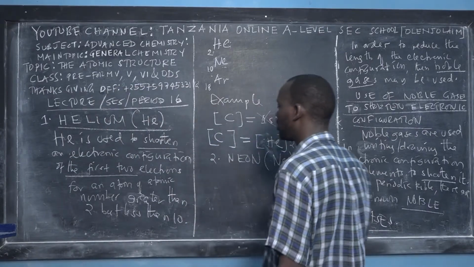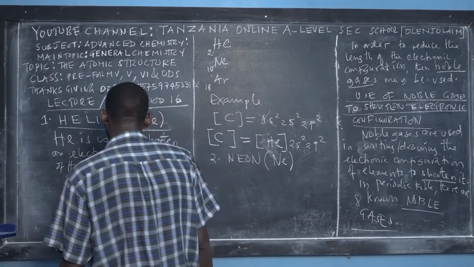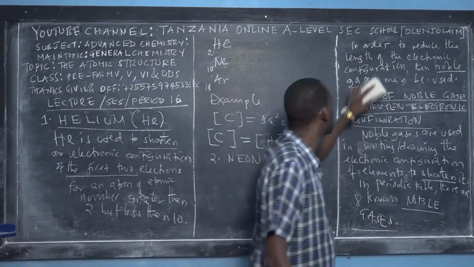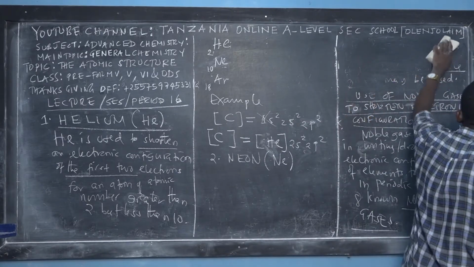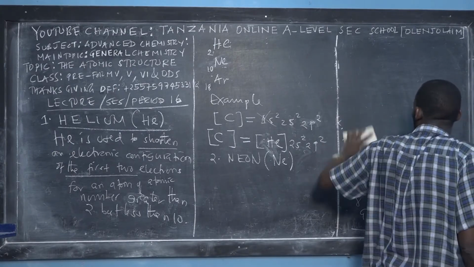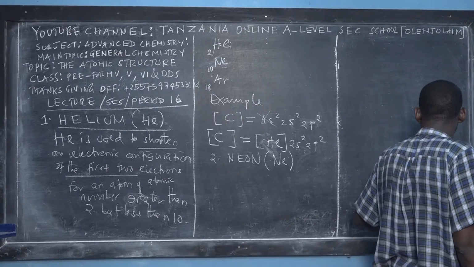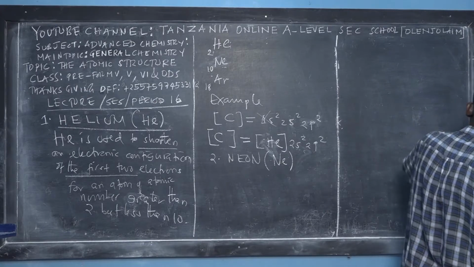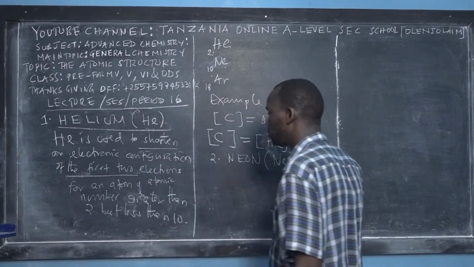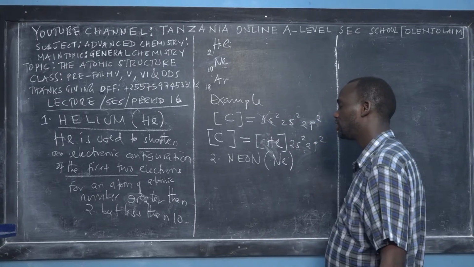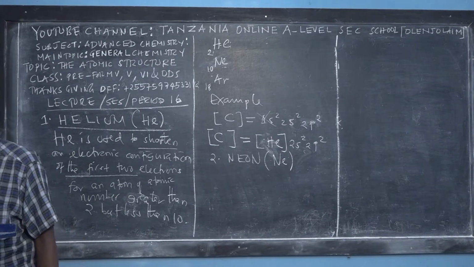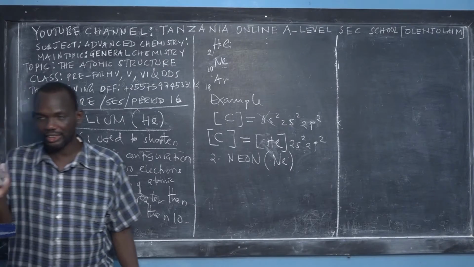So we say that neon is used to shorten electronic configurations of the first 10 electrons for an atom with atomic number greater than 10.